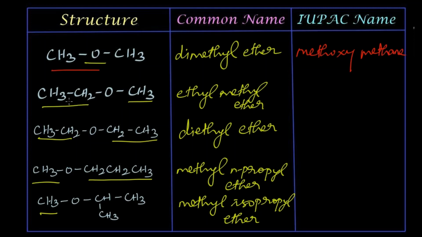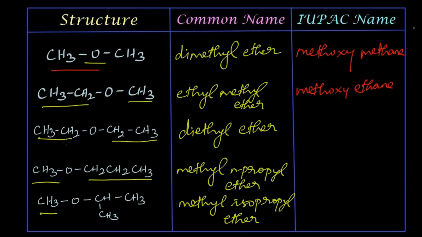And here, this is ethyl and this is methyl. So we shall take the longest chain as the parent carbon, ethane. This is methoxyethane. Methoxyethane is the IUPAC name of ethyl methyl ether.